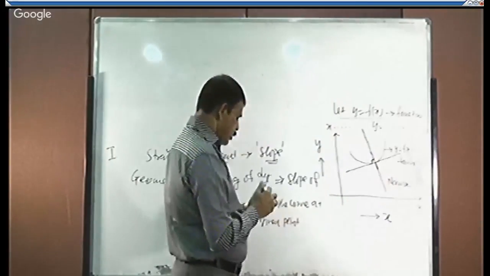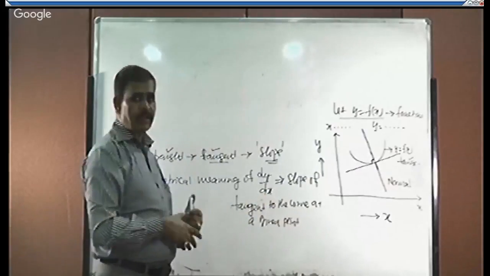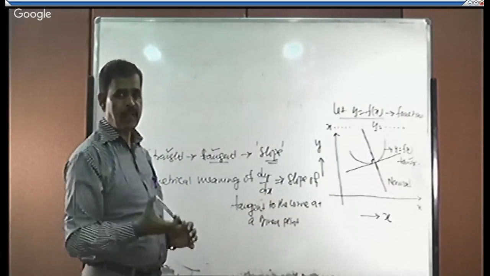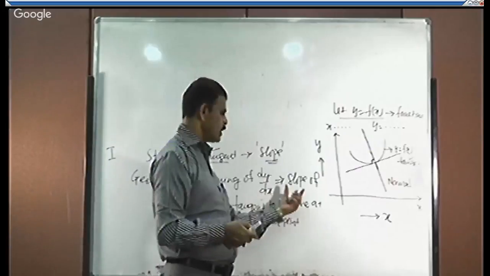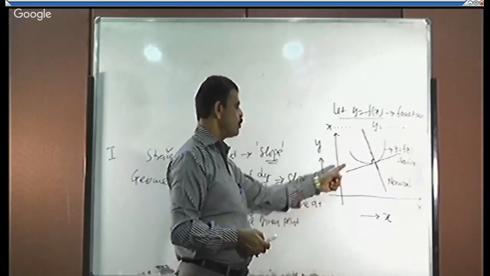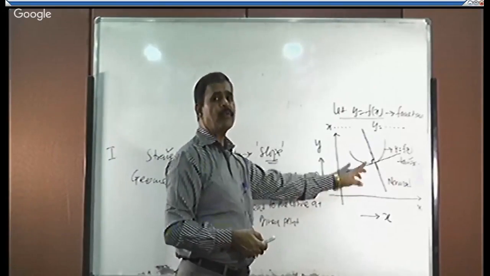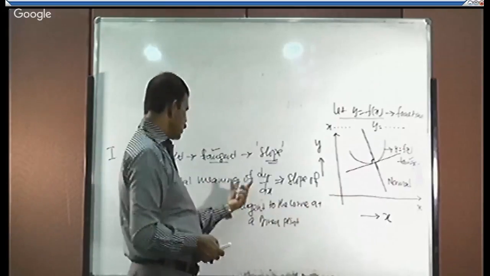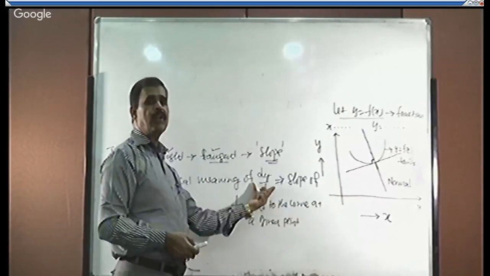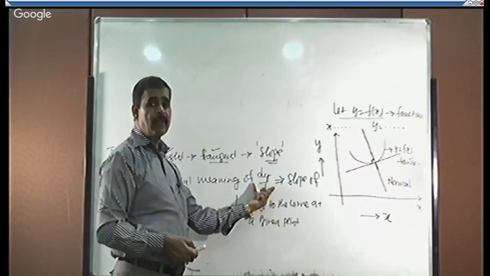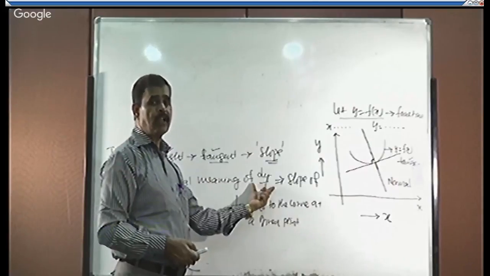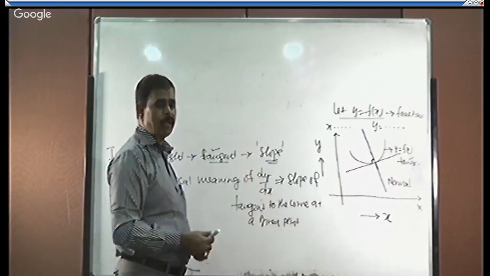Right? To have the equation of a tangent, meaning the equation of a straight line, we must have a slope. The slope at this point is obtained by differentiating the given function at a given point.